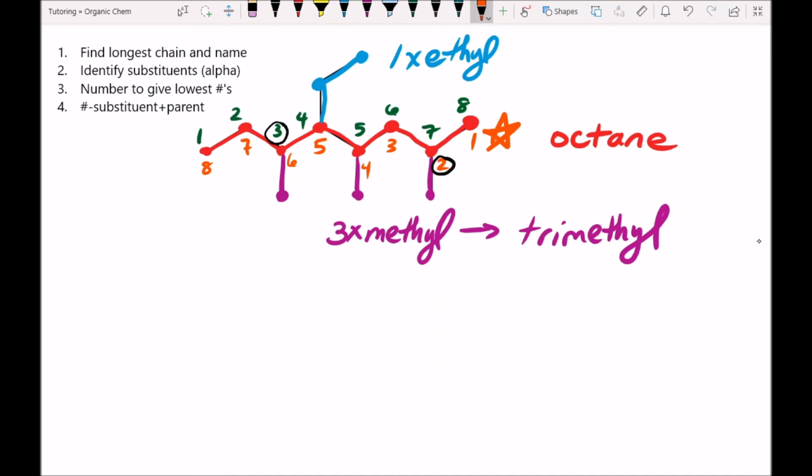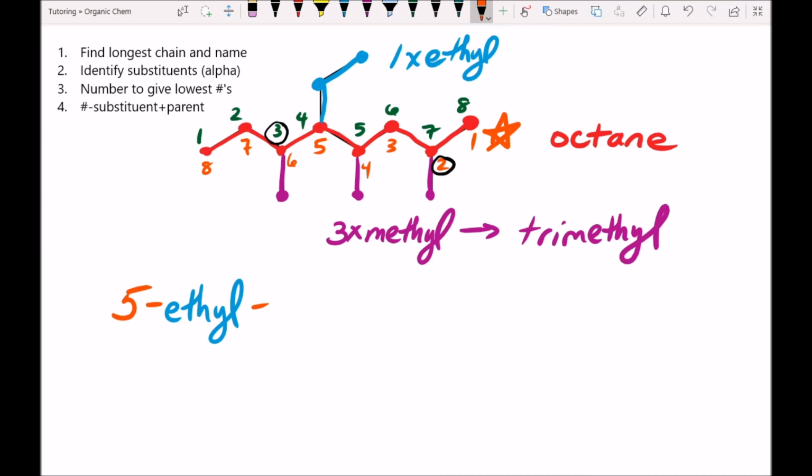So step 4, we're going to put it all together, and we're going to start with the number and substituent of the alphabetically first substituent, which is ethyl. Our number for ethyl is 5, since the ethyl group is on the 5th carbon. For ethyl, we don't give a prefix because there's just one ethyl group. And then the number for the methyl groups.